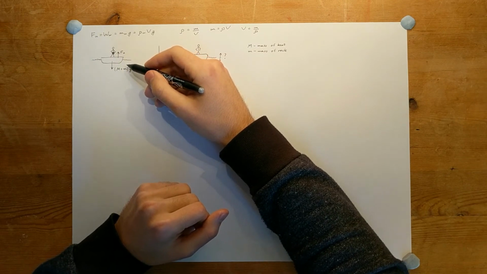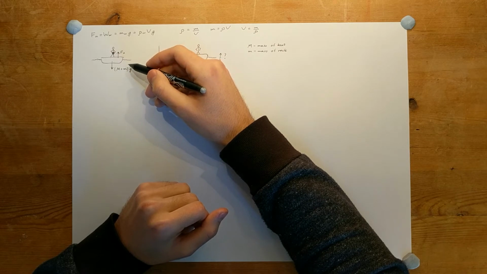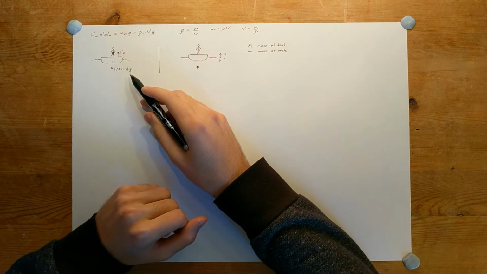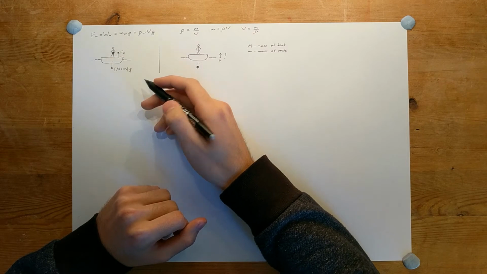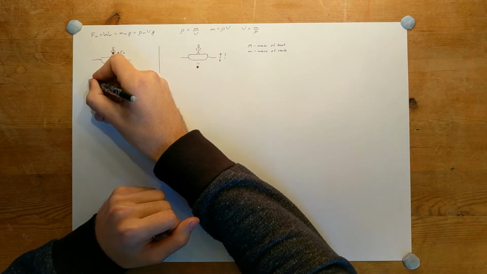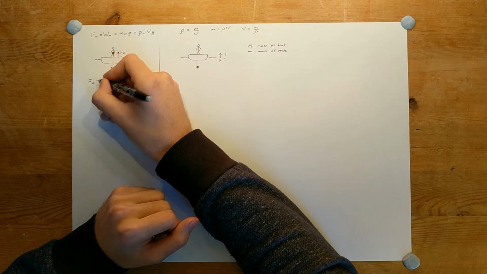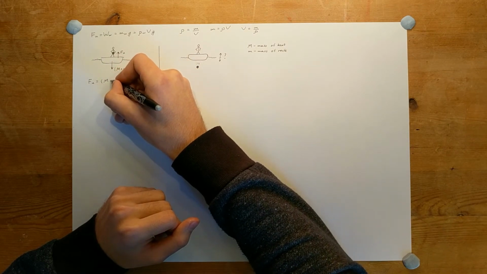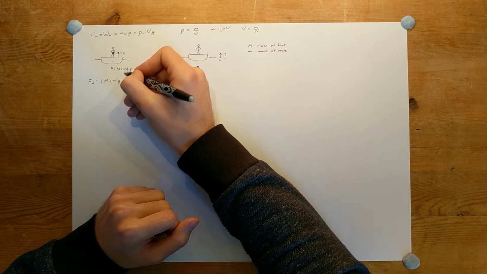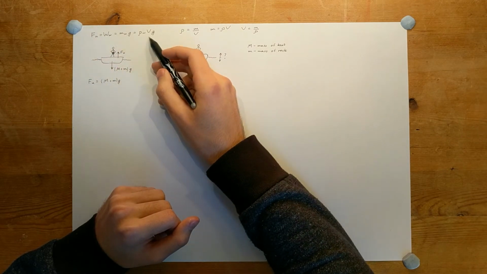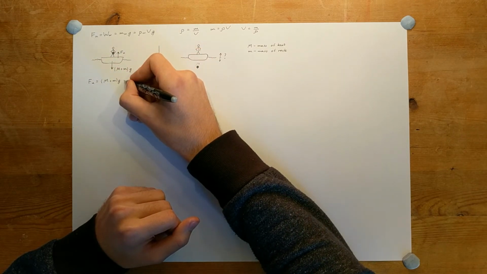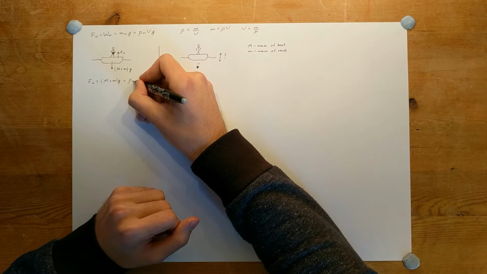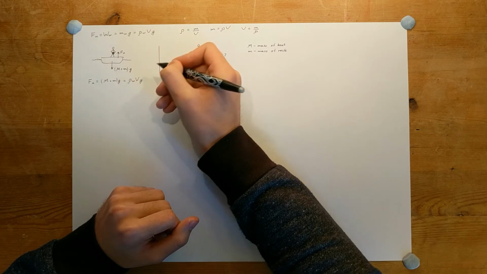So the upthrust force and the weight of the boat are the only forces which act on the boat. And we know that the boat is at rest, which means that it doesn't accelerate in any direction. And therefore we can say that the upthrust force is equal to the weight of the boat. But we also know that the upthrust force is equal to rho Vg. So we can equate these two parts.